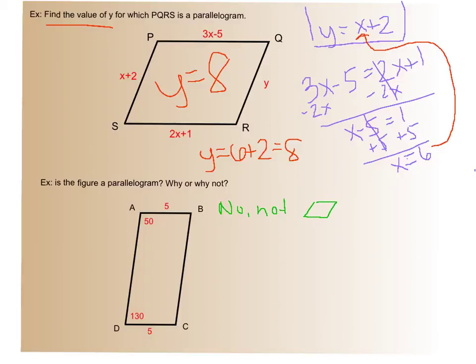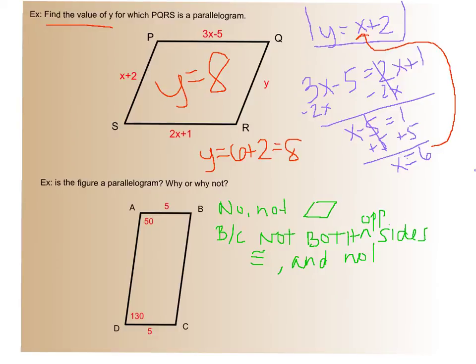And that's that fancy symbol for parallelogram, so you don't have to write that word a million times. Because not both opposite sides congruent, and not both consecutive angles are supplementary.